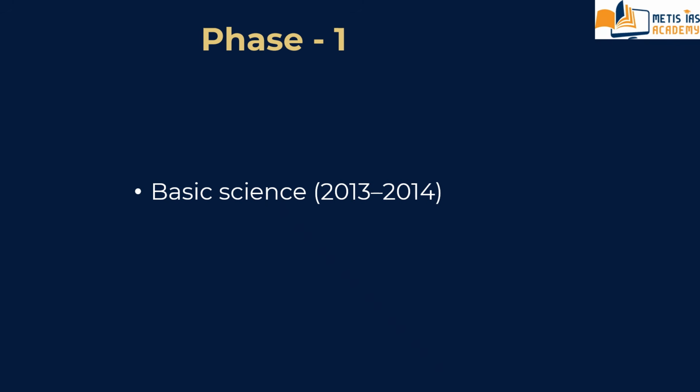Let me go into phase 1, that is from 2013 to 2014. Questions were based on basic scientific concepts, like genetic engineering, pollutants in water, and solar cell technology. These types of questions were relatively straightforward.